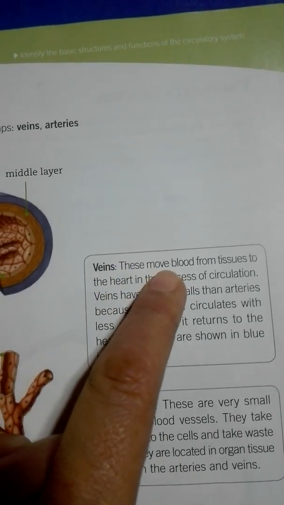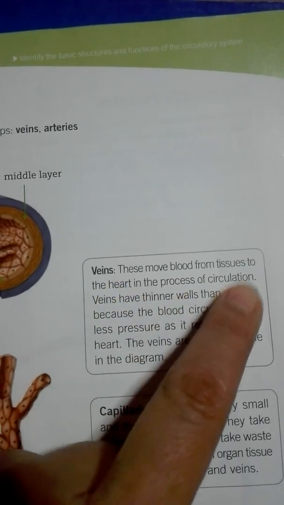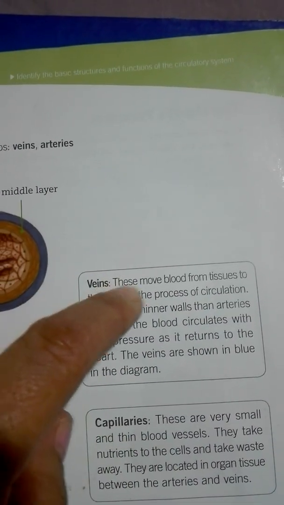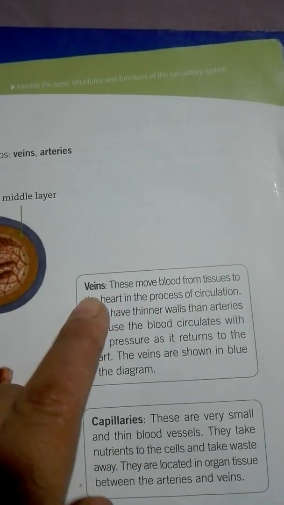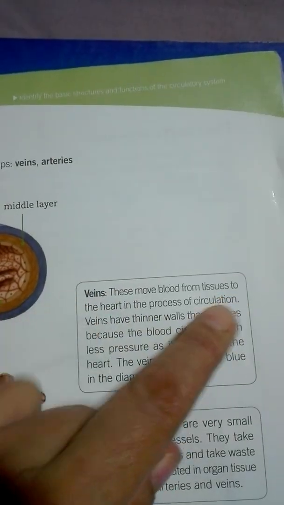These move blood from tissues to the heart in the process of circulation. Dice que las venas son las que mueven la sangre de los tejidos al corazón. O sea, son las que llevan la sangre en el proceso de la circulación.